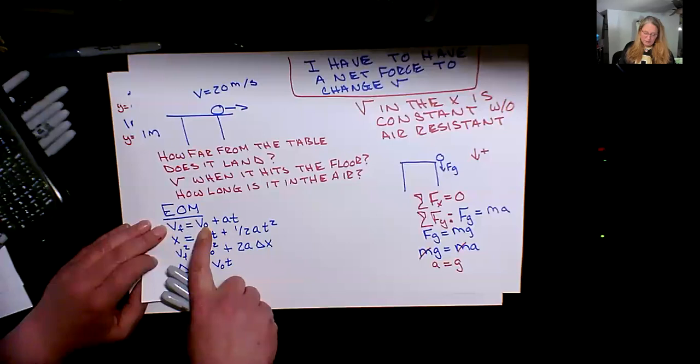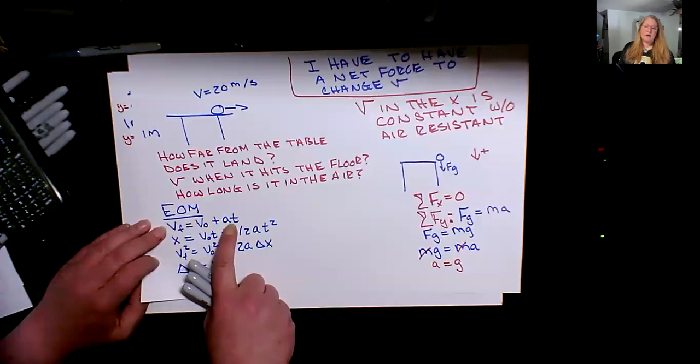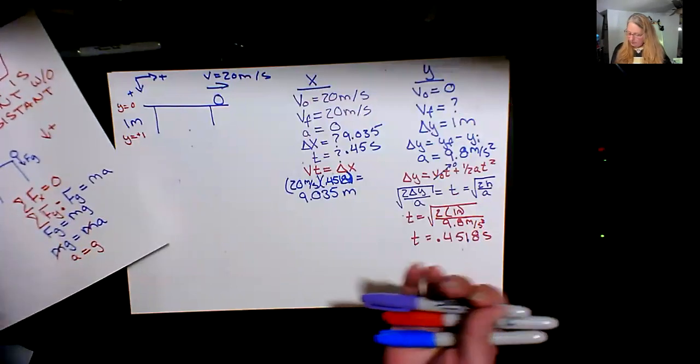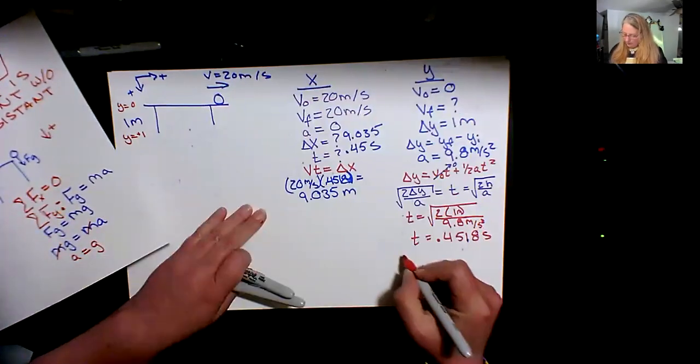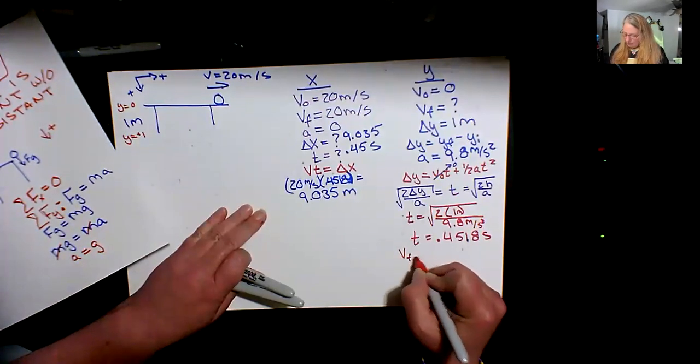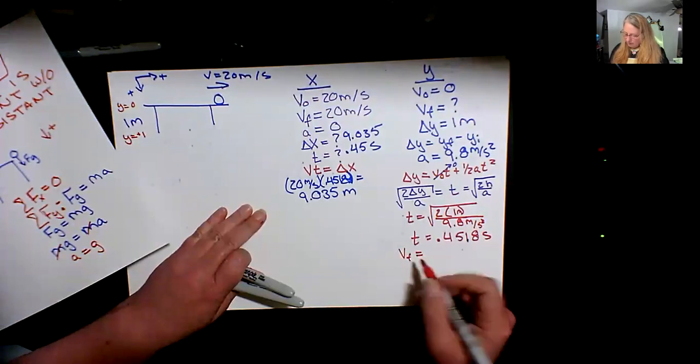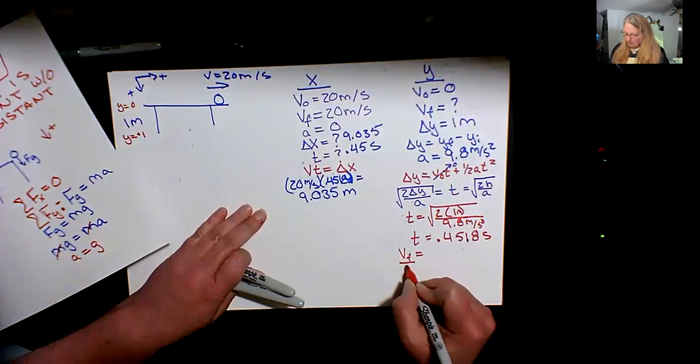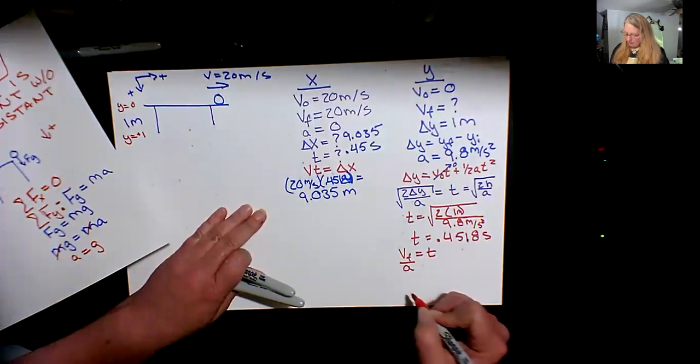I can plug in the initial value is 0, so its final velocity is just going to be the time times the acceleration. That's rather straightforward. But I need to remember what this v final is that I'm solving for.